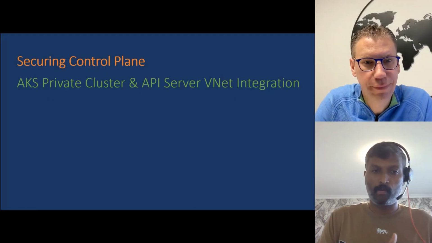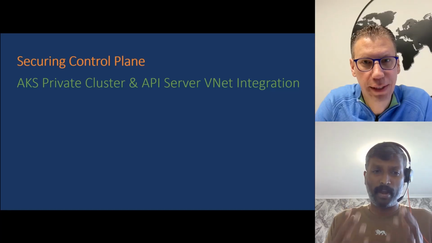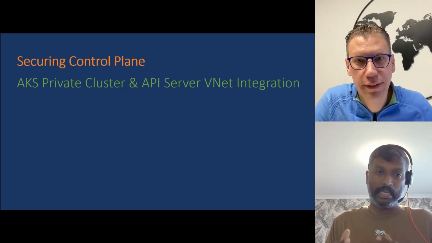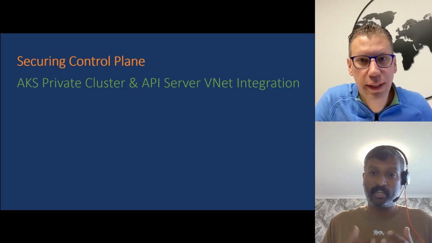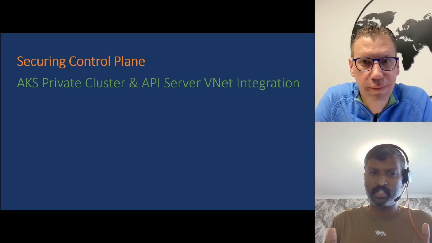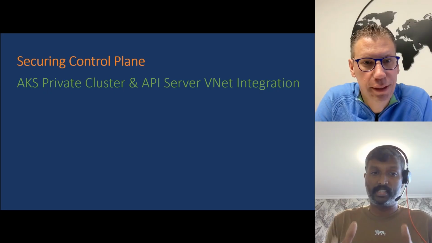So as I spoke about AKS, the control plane is where it's majorly hosted and managed by Azure. As an organization which has strict security requirements for the cluster to host sensitive workloads based on the data classifications, you have to secure that public endpoint because that control plane sits on the public endpoint.